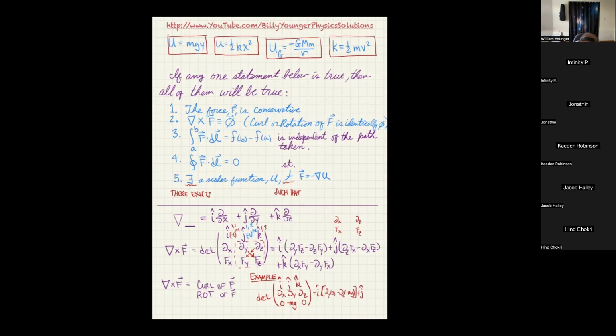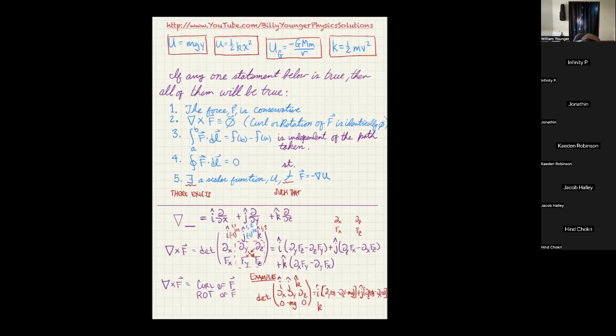That's going to be partial sub z of 0 minus the partial sub x of 0, like that.